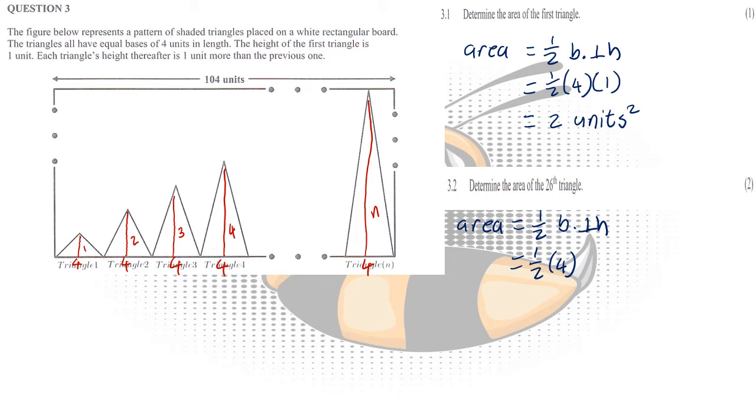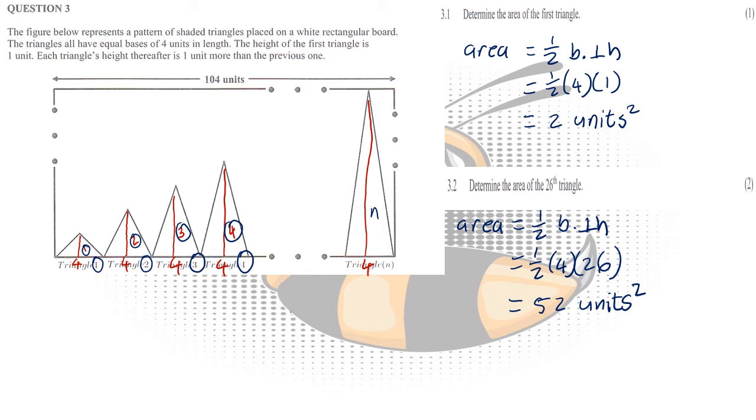If you take a look at the height for the first 4 triangles, you can see that the height just corresponds to the position of the triangle. So that means the 26th triangle's height would just be equal to 26. Therefore, the area of the 26th triangle would just be a half times 4 times 26, which would give us 52 units squared. And that was it for that. So that's 3 marks.